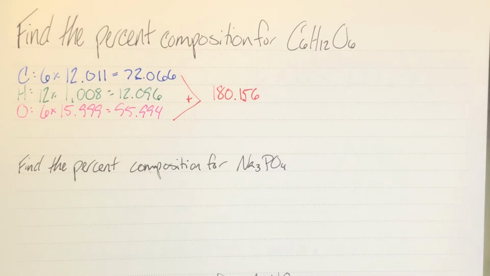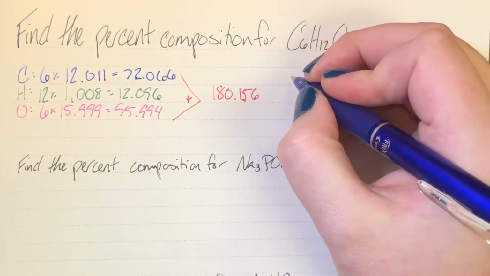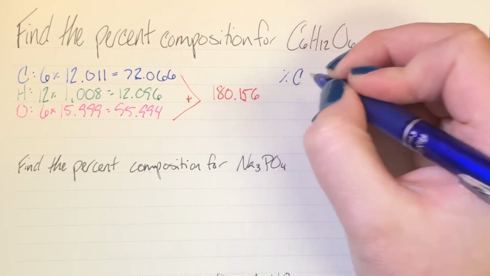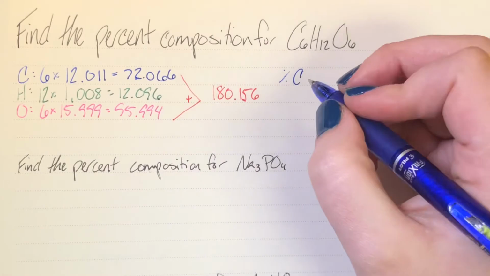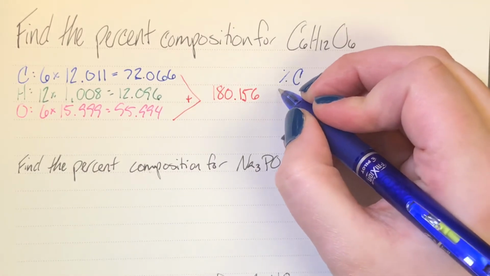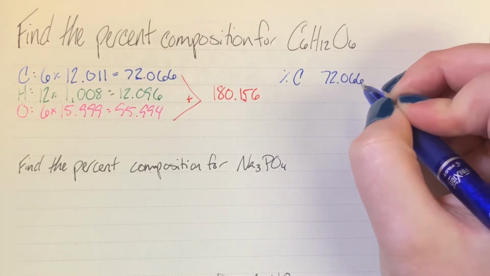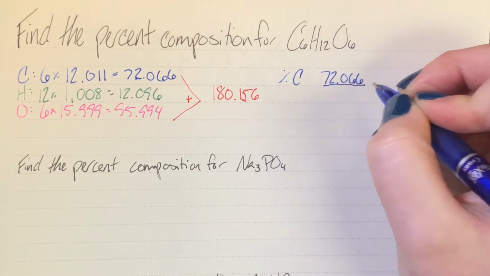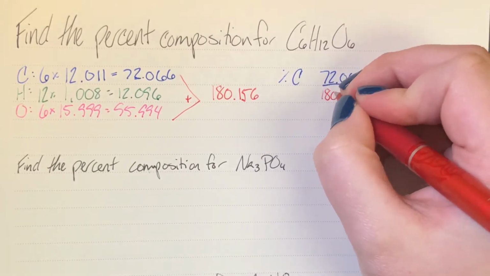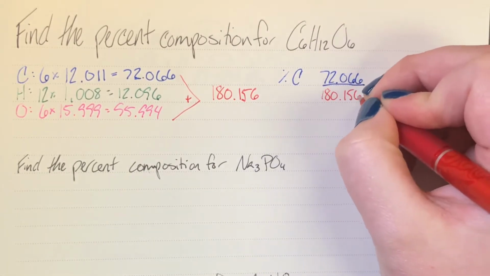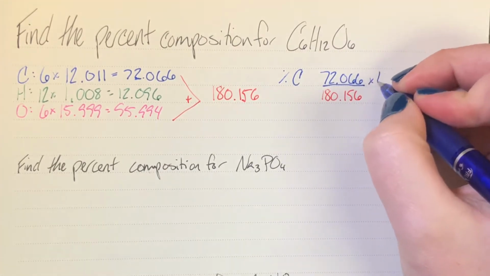So now I'm going to go ahead and do the calculations for percent carbon. For percent carbon, I'm going to take carbon's piece, which is 72.066. I will be dividing that by my total mass, which was 180.156. And then I'm going to be multiplying the entire thing by 100.